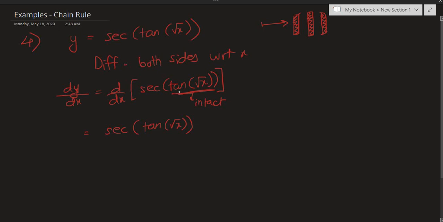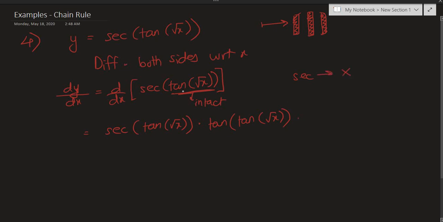The derivative of the secant of a quantity is the secant of that quantity times the tangent of that quantity. So the tangent of the square root of x. Okay, so we've broken our secant. So we took care of our secant of x.